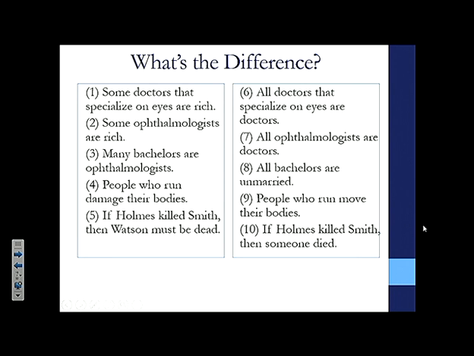Again, you don't have to Google anything. You don't have to go track down a bachelor and ask them, have you married anybody? Right? If you know what the term bachelor means, you know that someone's a bachelor only if they're unmarried. Similarly with running and moving one's body, if you know what running is, you know that there's no way to do that without moving your body.